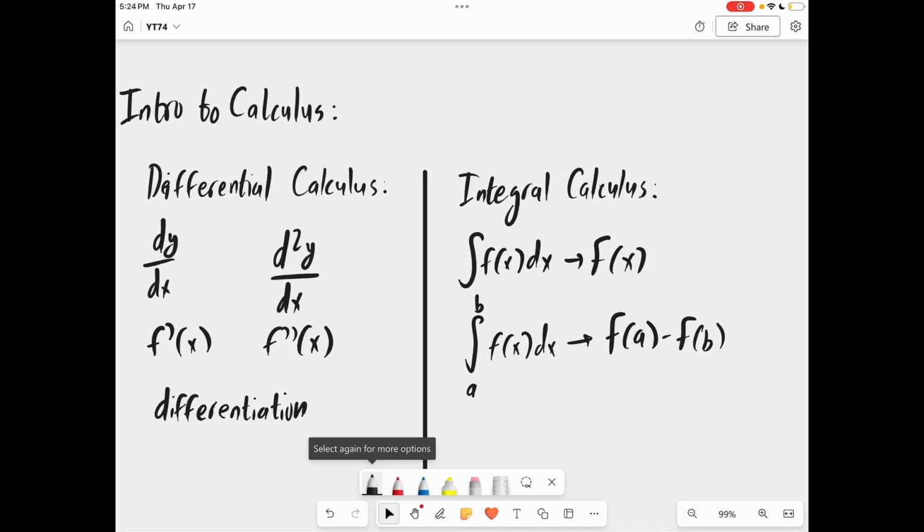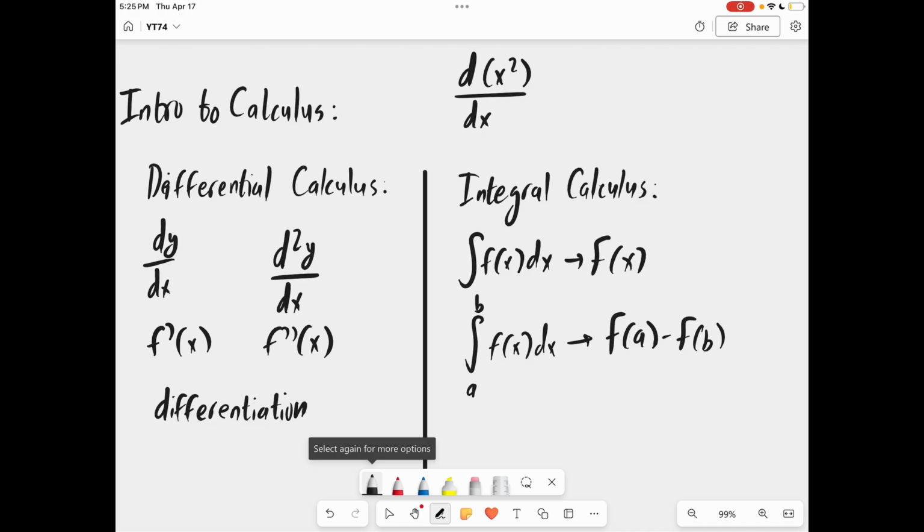Differential calculus is the calculus that involves derivatives. The basic form of the derivative is dy over dx, which basically means the derivative of function y with respect to function x. So if I have the derivative of x squared, d of x squared over dx, it's not dividing and simplifying like algebra.